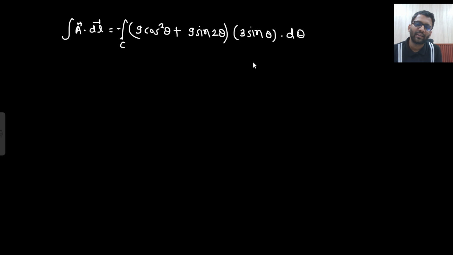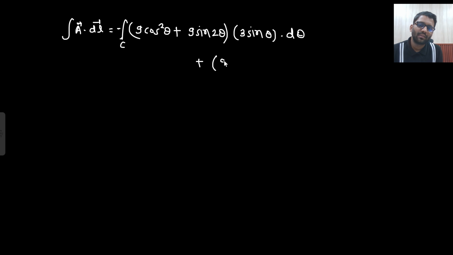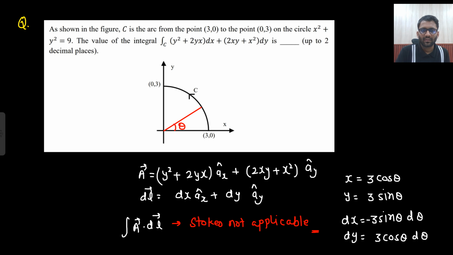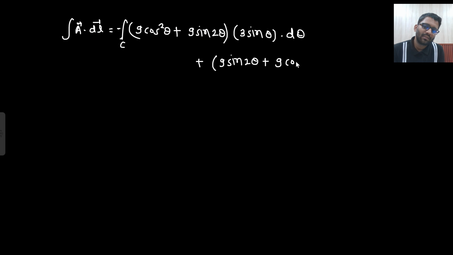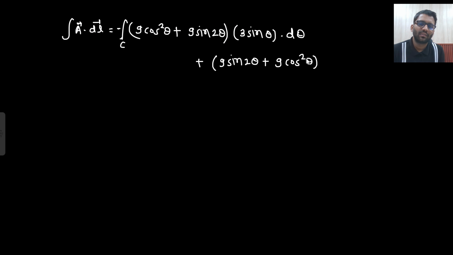Along with that there is a negative sign, plus 2xy, so 9 sin 2 theta, plus x square, 9 cos square theta, into dy, 3 cos theta d theta.